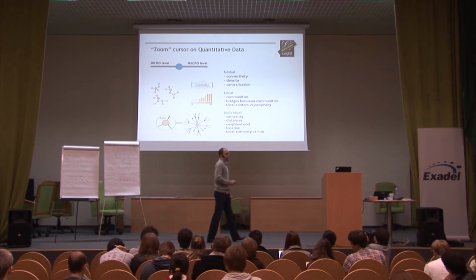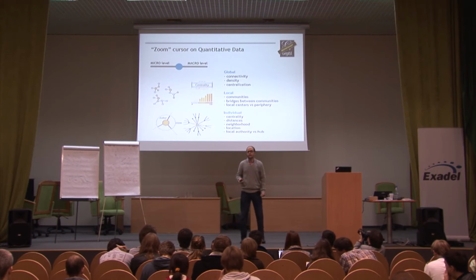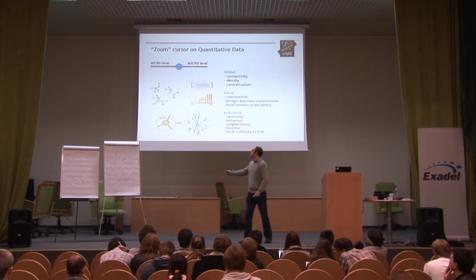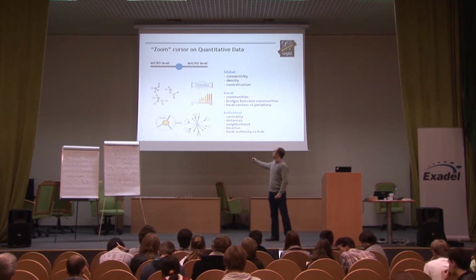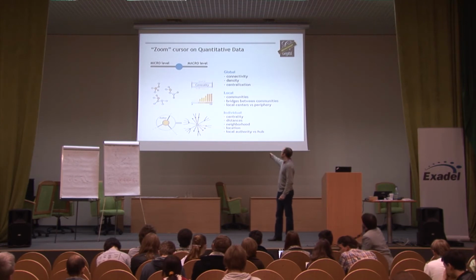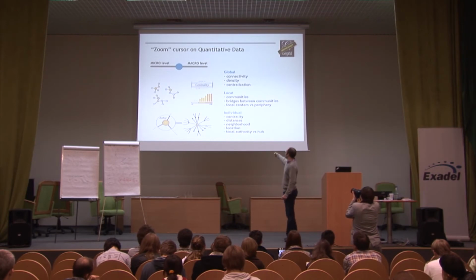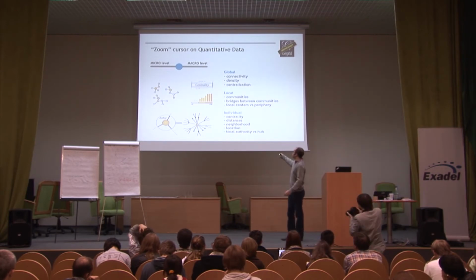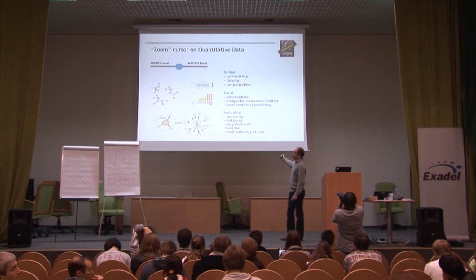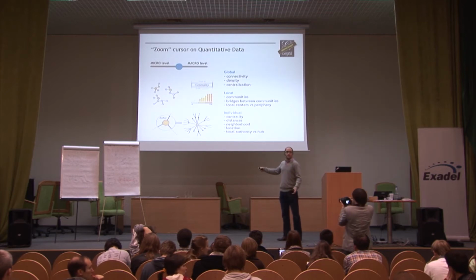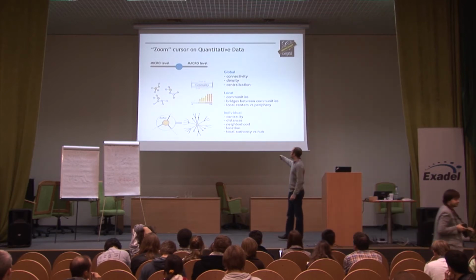So when we apply different zooms to the data, we may want to ask different questions. At the global level, you may ask: is the graph fully connected? What is its density? Is it centralized at one point, or is it decentralized?